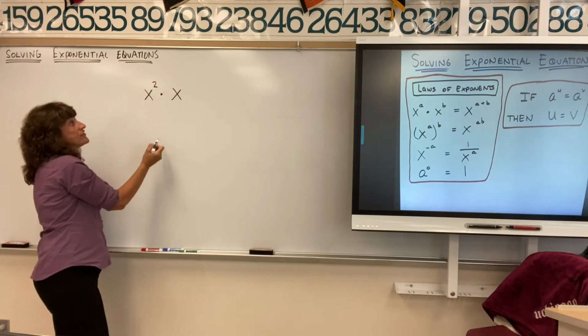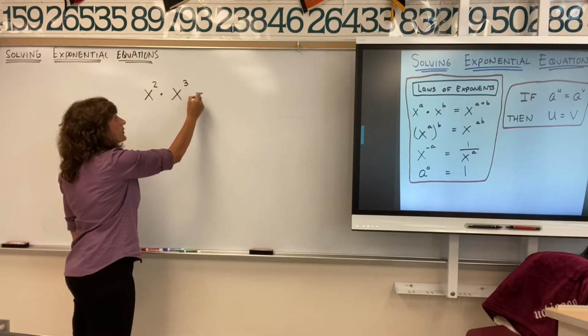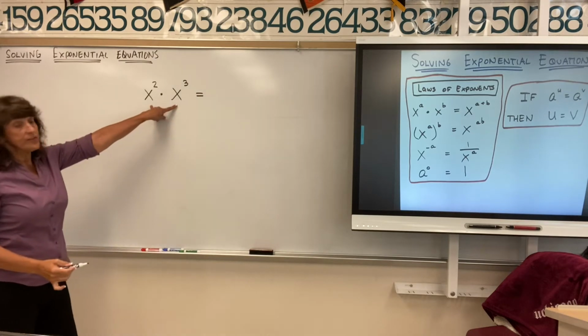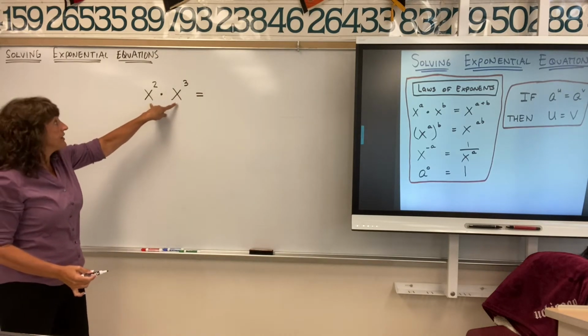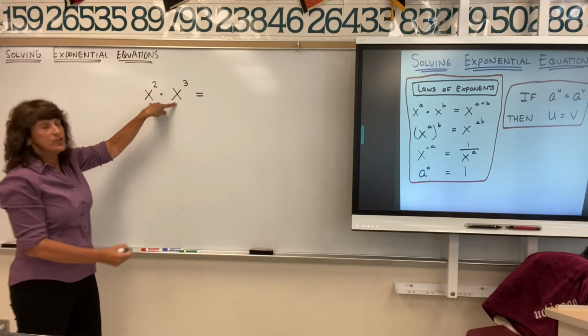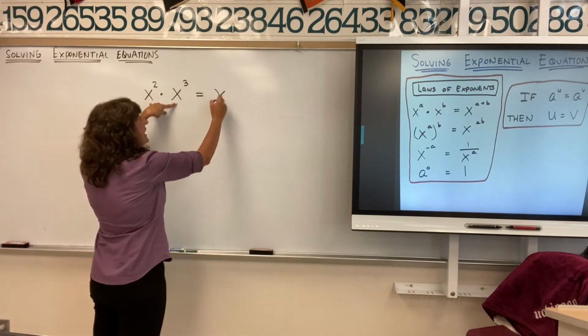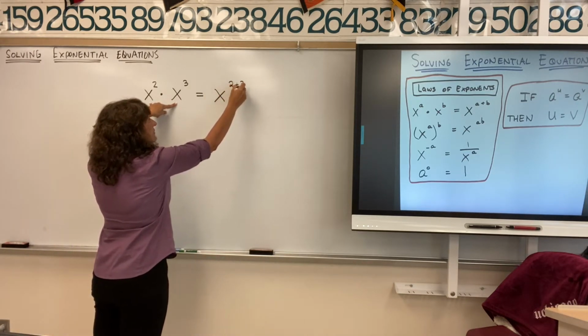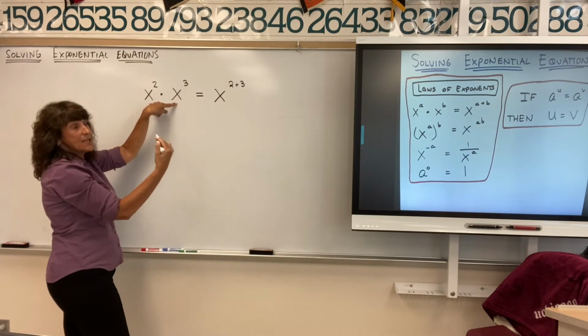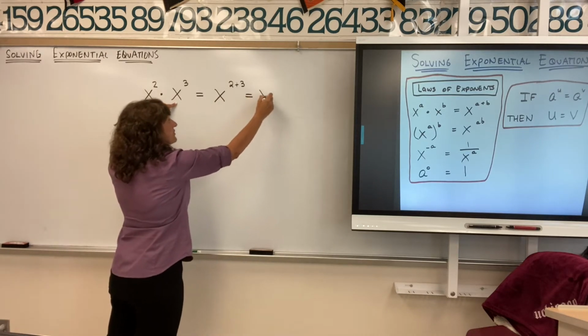Let's say we have x to the second power times x to the third power. You keep the base and add the exponents together. So x squared times x cubed is x to the fifth power.